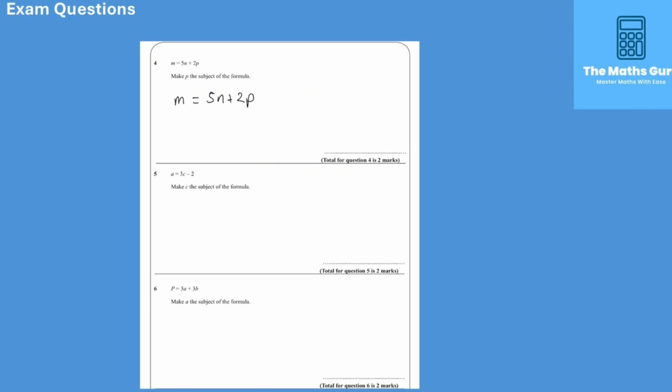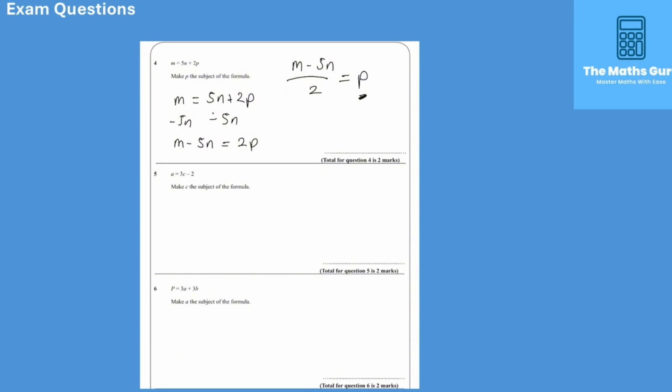So to reverse the addition, we have to minus 5n from both sides, and we get m minus 5n is equal to 2p. Now we see our p is being times by 2. To reverse this, we divide through by 2 on both sides of our equation. So m minus 5n over 2 gives us p. And there you go, that's our p alone on one side of the equation.